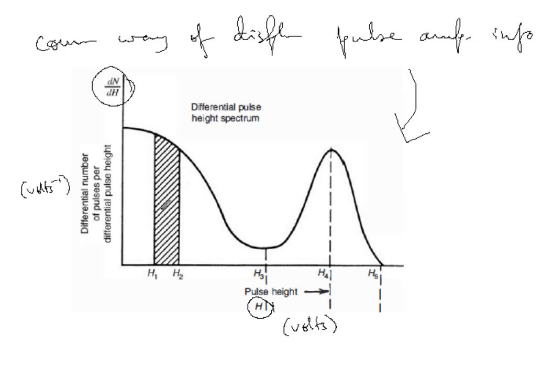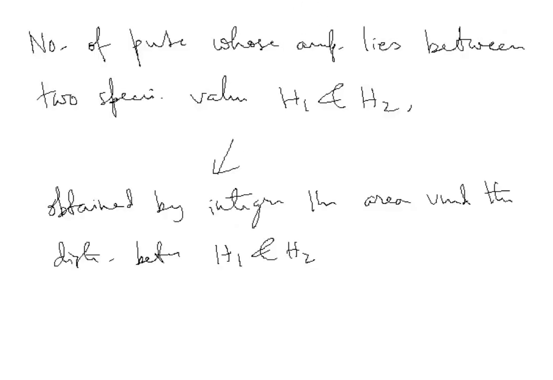So this is the number of pulses having amplitudes lying between H1 and H2. Let us write it down: the integral from H1 to H2 of dN/dH dH. Let this be equation 1.